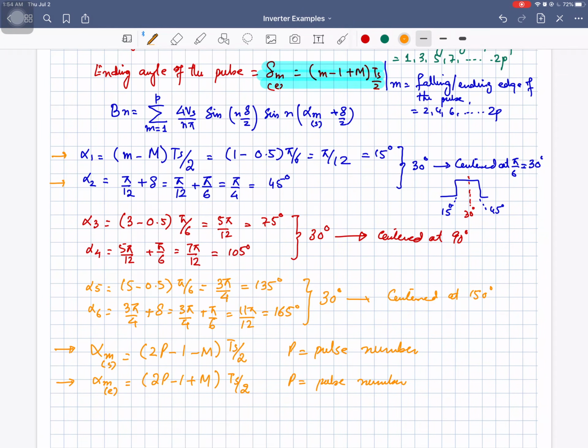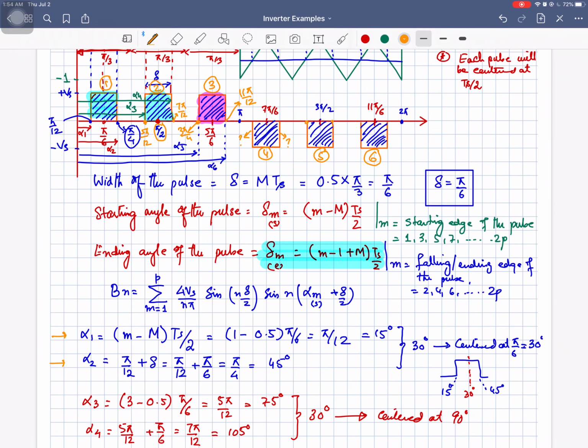Okay, so after calculating these angles, now we can write down the Fourier expression for our output voltage waveform, that is this one. For this we first of all required the pulse width, that is over here, and the starting angle of the pulse.